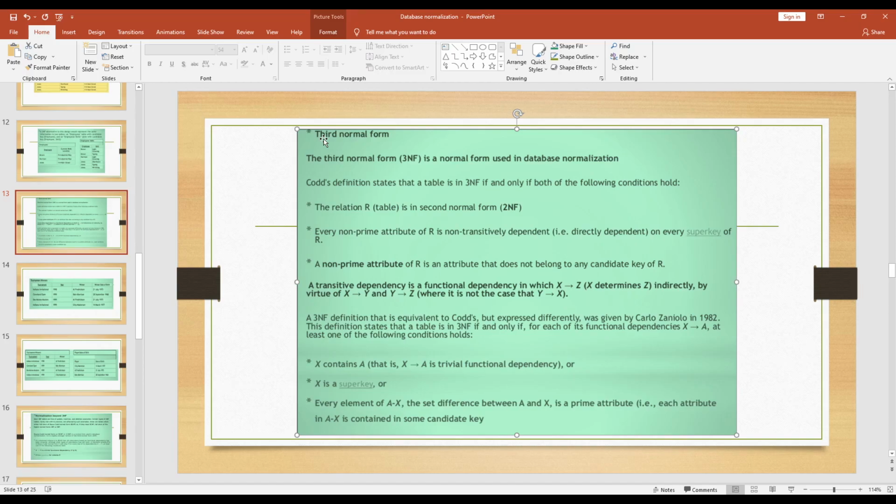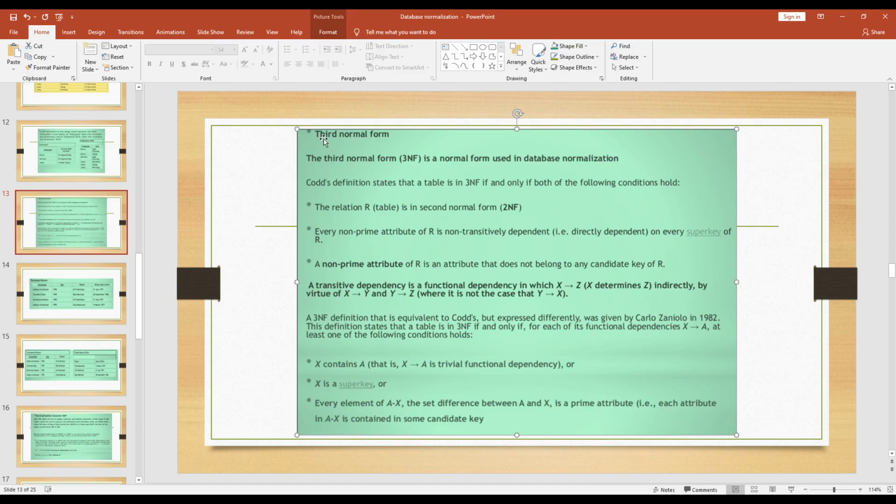This definition states that a table is in third normal form if and only if, for each of its functional dependencies, X determines A, at least one of the following conditions holds: X contains A, that is, X determines A is a trivial functional dependency, or X is a superkey, or every element of A minus X, the set difference between A and X, is a prime attribute.